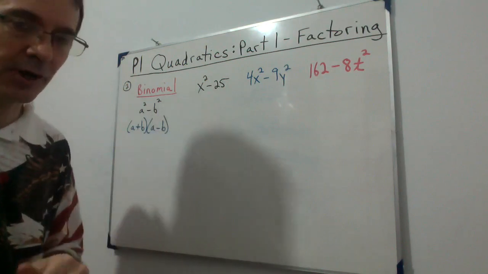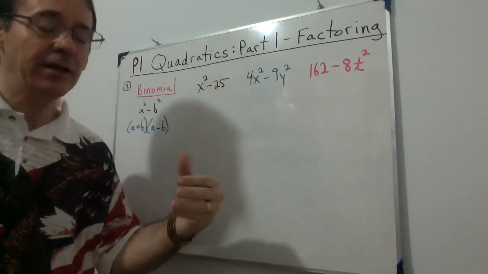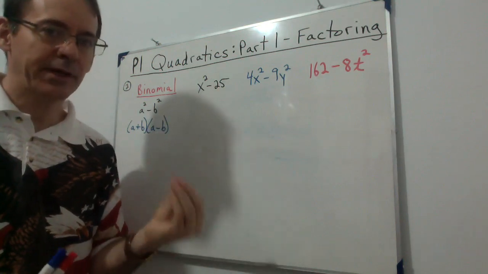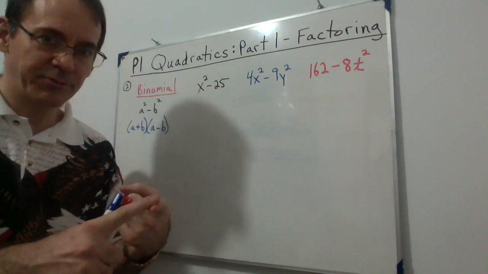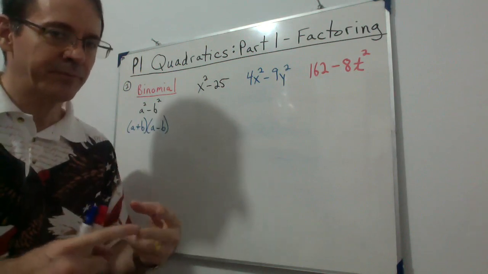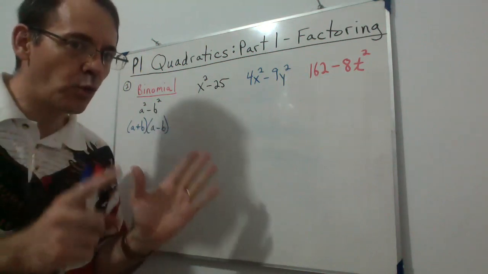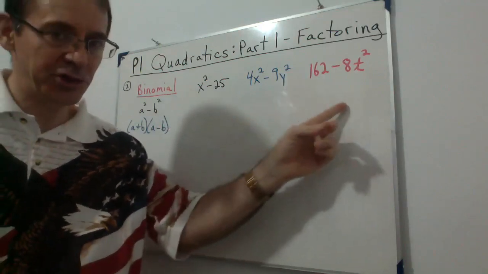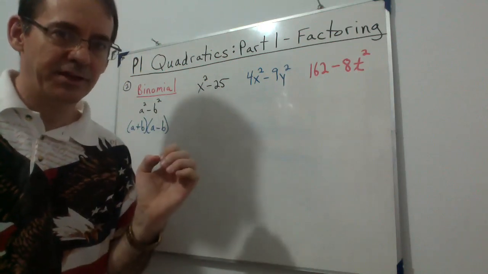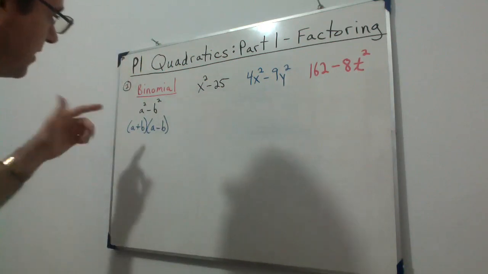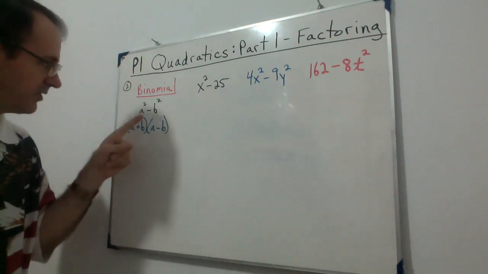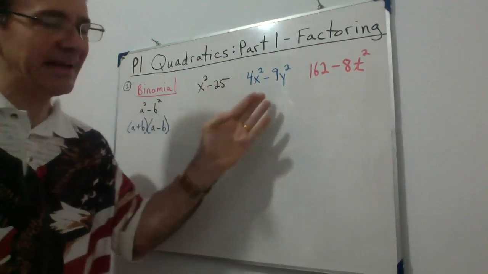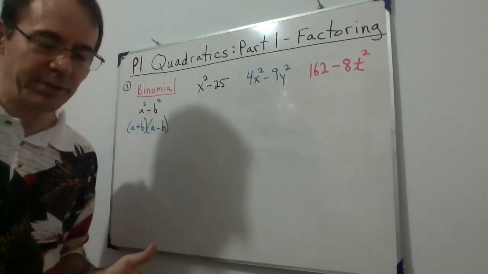And like I said before, there are actually several factorings that can be done from 2 terms, but Cambridge does not cover sums of cubes, difference of cubes, so you don't need those. There's only one type that you need for Cambridge that involves 2 terms, and that is the difference of squares. So what a difference of squares is, first of all, it is a difference. You'll see a subtraction sign. If you see an addition sign, you will not be able to factor it.